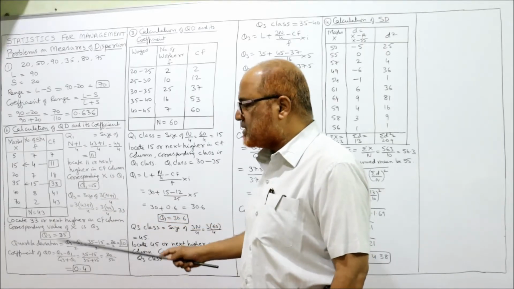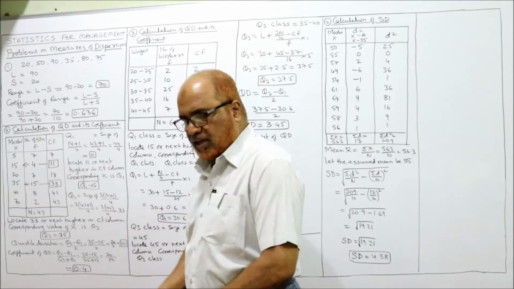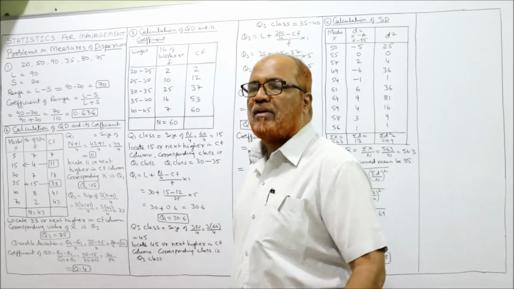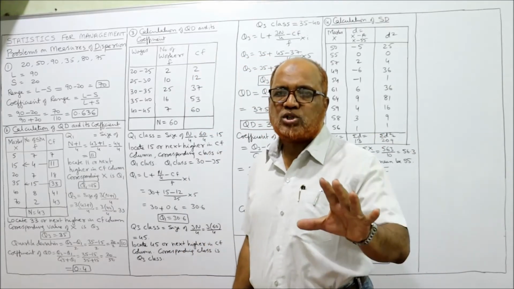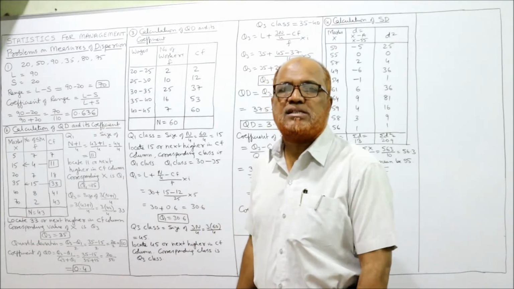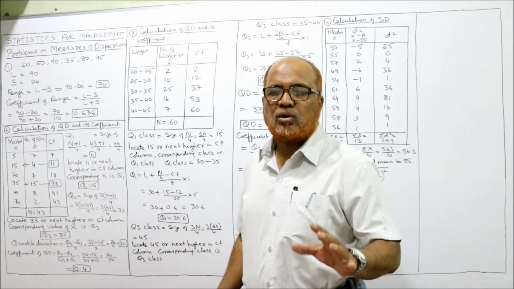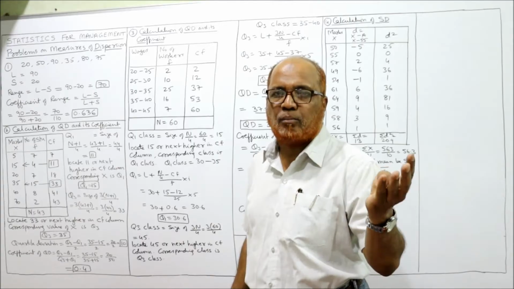Now Q3 is equal to size of 3 into (n plus 1) by 4. Already all these formulas we have done in the previous measures of central tendency. If you have watched the videos of measures of central tendency, then this chapter will become easier. Otherwise it will be difficult. So go through all the videos on how to calculate the mean, median, mode.